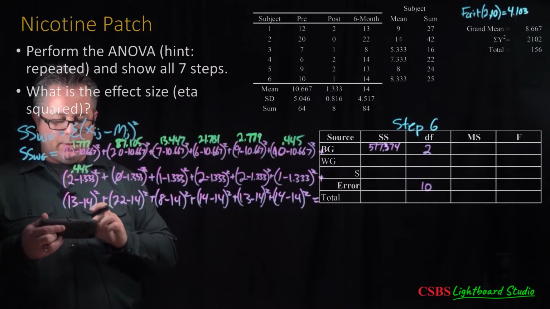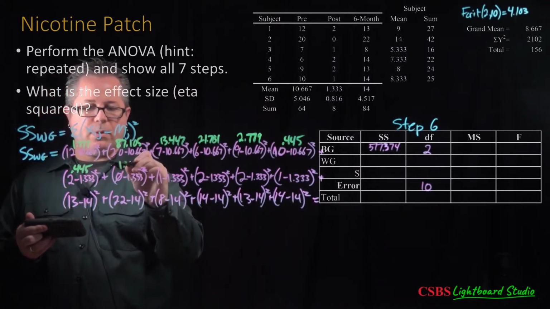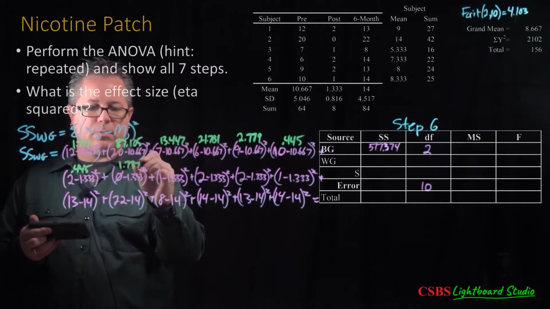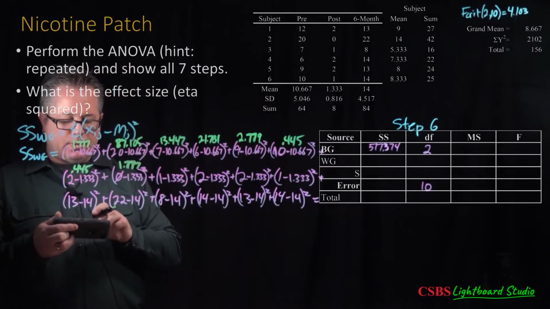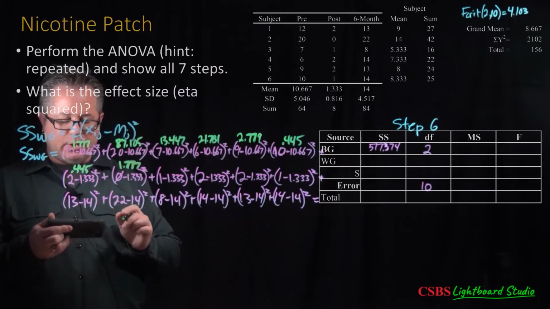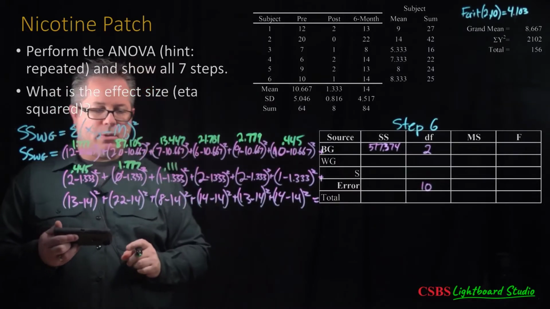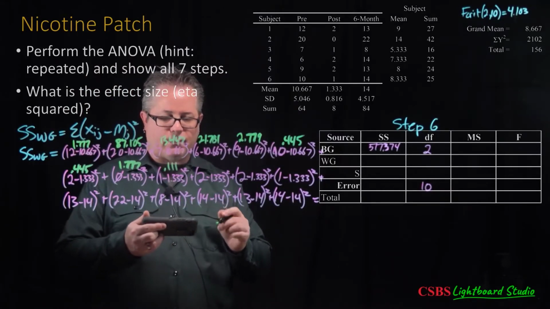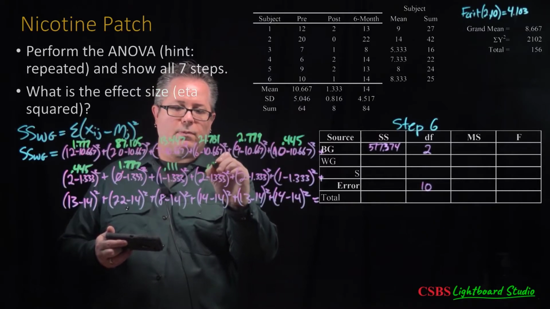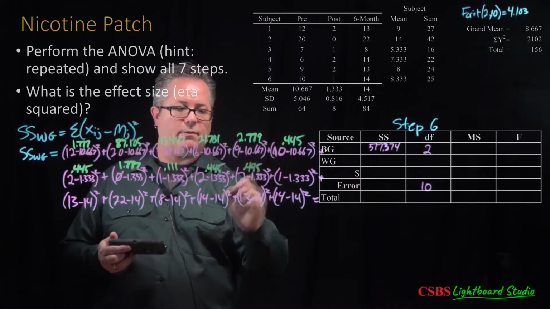0 minus 1.333 is obviously negative 1.333, squared is 1.777. 1 minus 1.333 is negative 0.333, squared is 0.111. 2 minus 1.333 equals 0.667, squared is 0.445. This one's also 0.445.